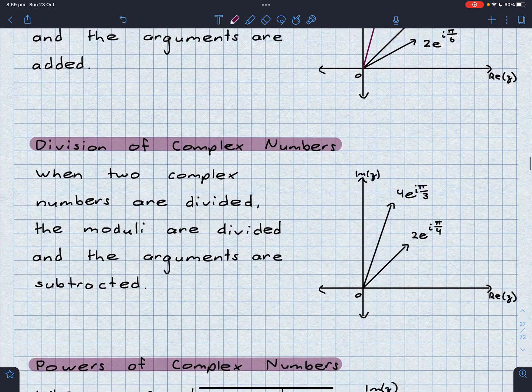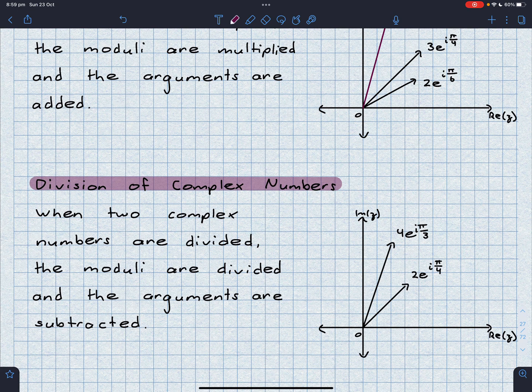If I'm dividing, I do the opposite. So we know when we divide two complex numbers in polar or exponential form, we divide the modulus and then we subtract the argument. So here if I have 4 and 2, 4 divided by 2 is 2, so I'll get a vector the same length as this one. And then I'm taking this angle and subtracting this one.